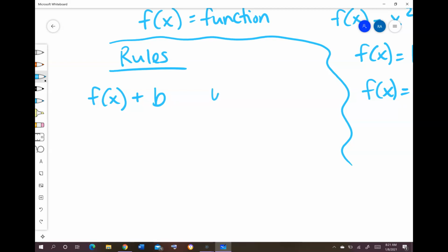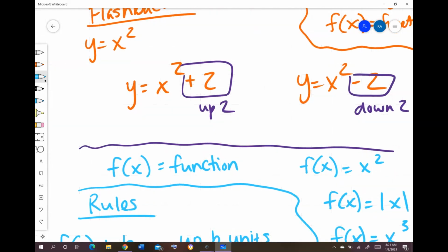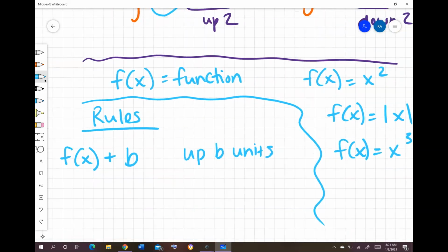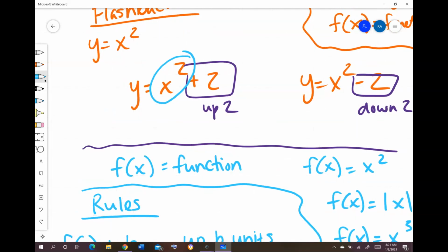That means you went up b units, which we just did an example like that. Look here, x squared plus 2, that meant up 2. F of x is just your function, x squared. All we did was replace this f of x with x squared, but the plus is the same thing. You see that?